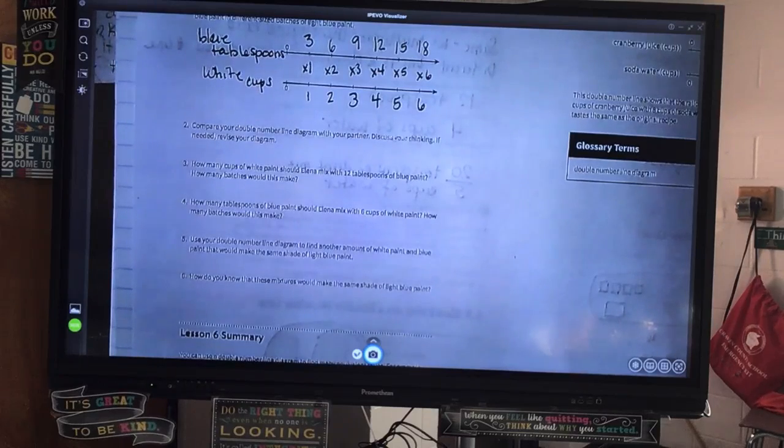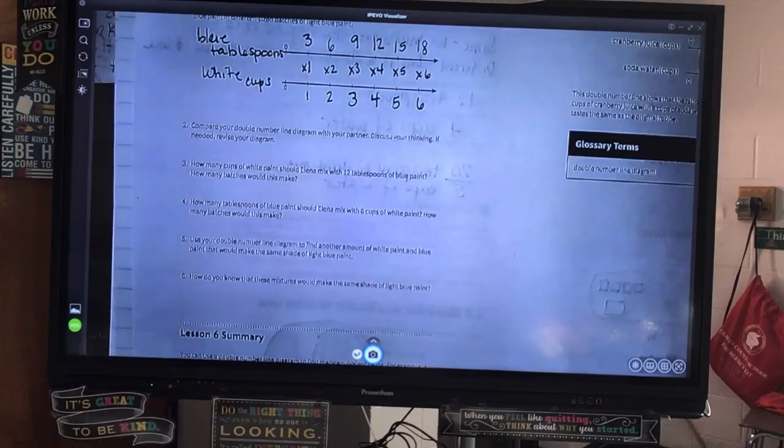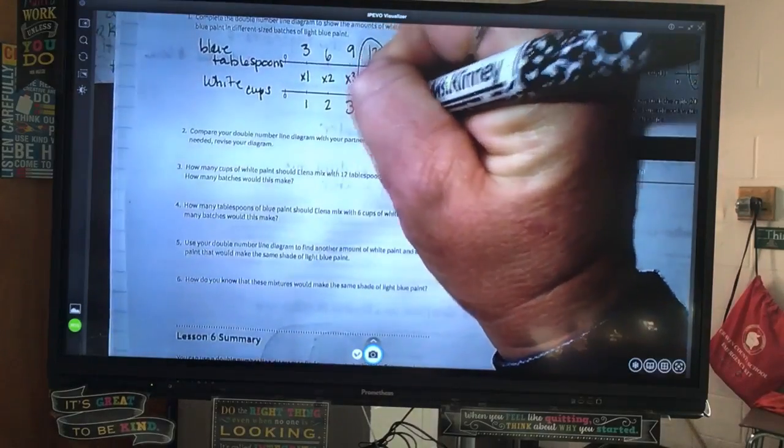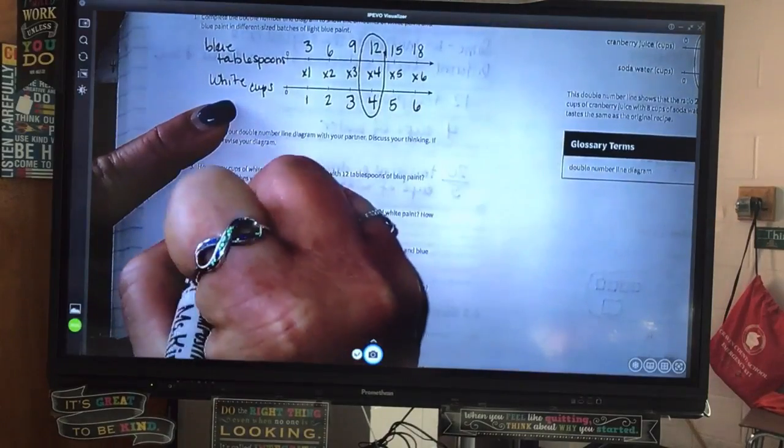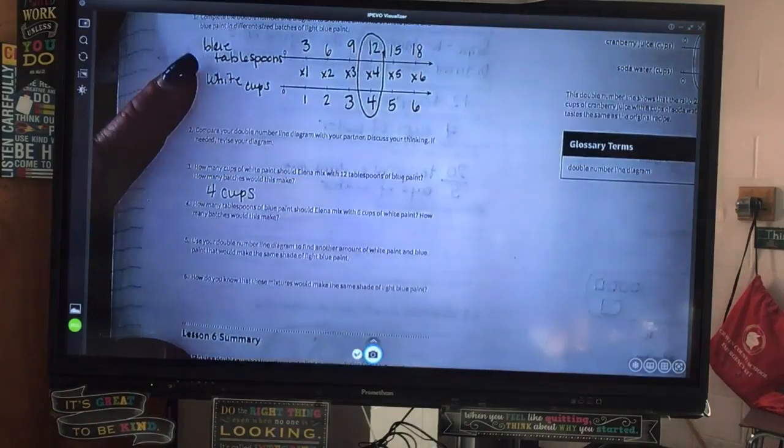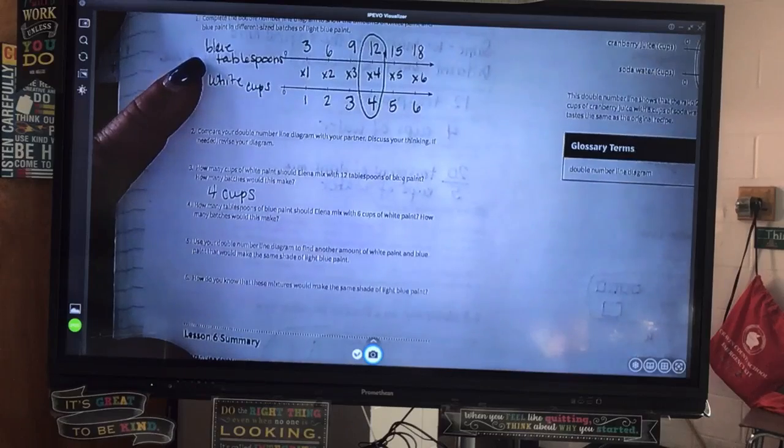All right, so Isaac, what did you circle? 12 to 4. So then, how many cups do we need? So 4 cups. And then how many batches does this make?